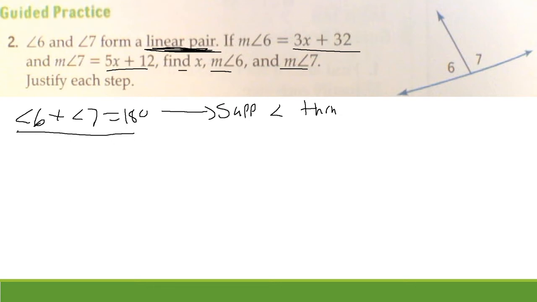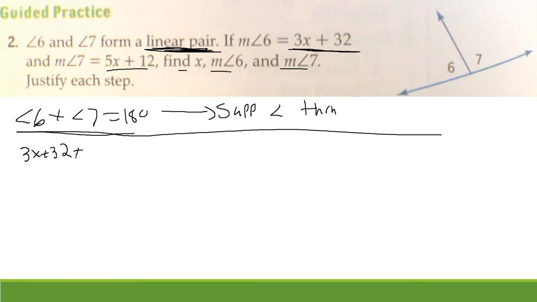I can use that. And then what I'm going to do is use substitution now. So I'm going to plug in the values here. So 3x plus 32 for angle 6, plus 5x plus 12 for angle 7. And that's going to equal 180. Again, how would I justify this? Well, I would say substitution, because you're substituting in the actual values for the angles themselves.